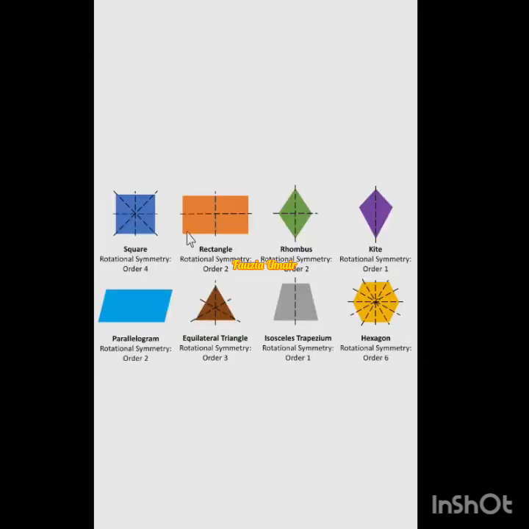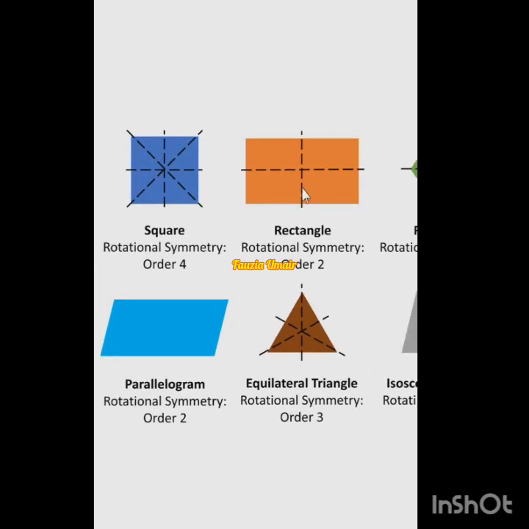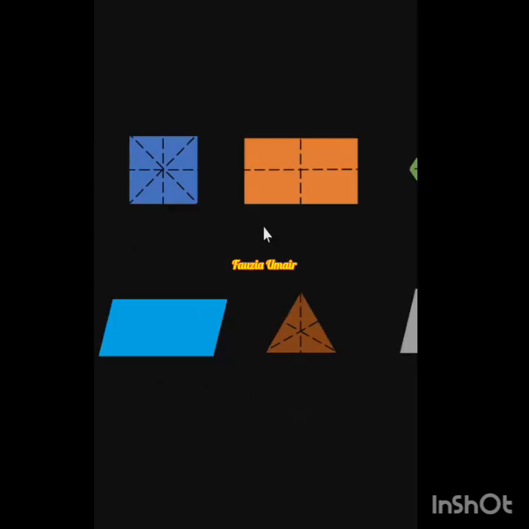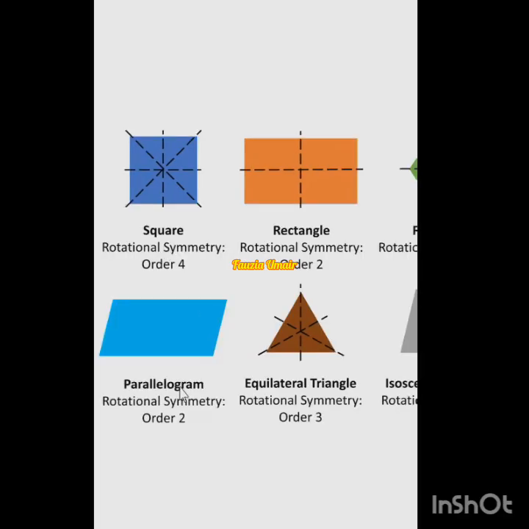So let's quickly go through. A rectangle has how many lines of symmetry? Ma'am, a rectangle has two lines of symmetry. Two lines, and the rotational symmetry is also two. One time this side goes into this part and then it comes back, right? What about a parallelogram? How many lines of symmetry? Ma'am, it has zero lines of symmetry.